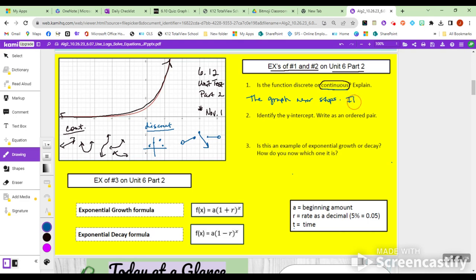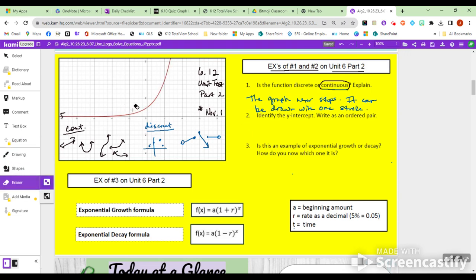It can be drawn with one stroke, something like that. I'm sure you can look up discrete and continuous and get a more complicated mathematical definition, but that's just kind of what I go with.